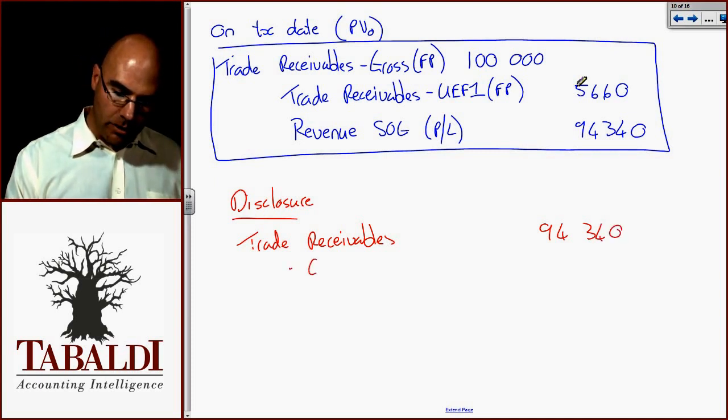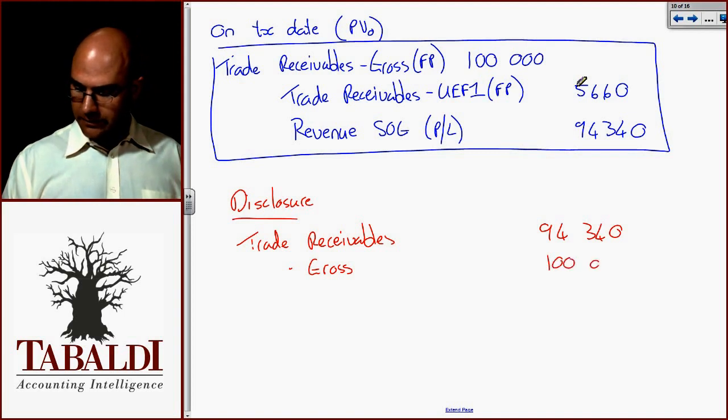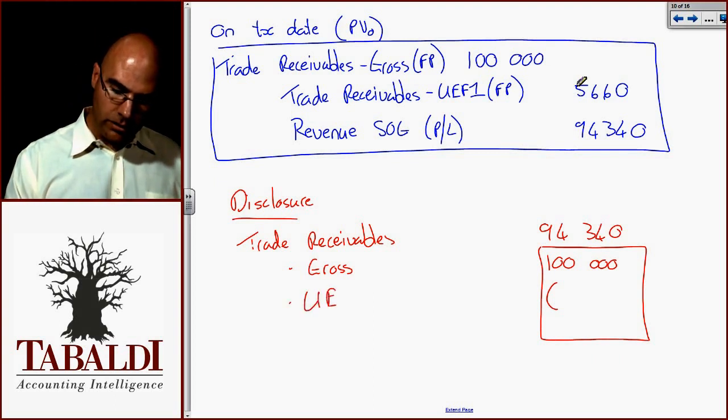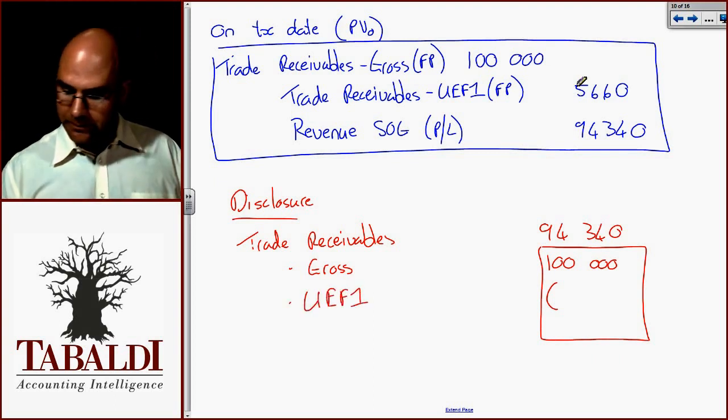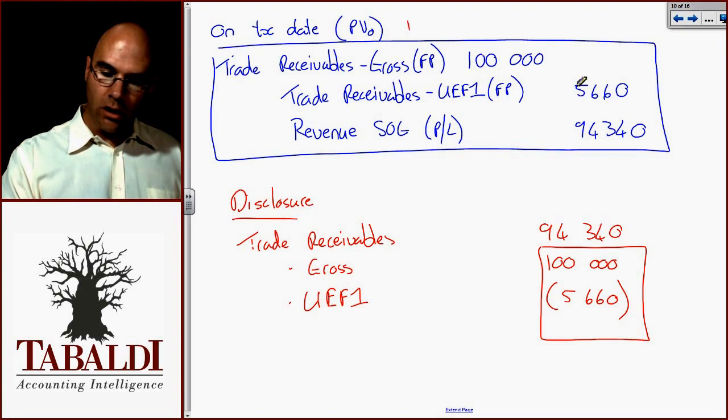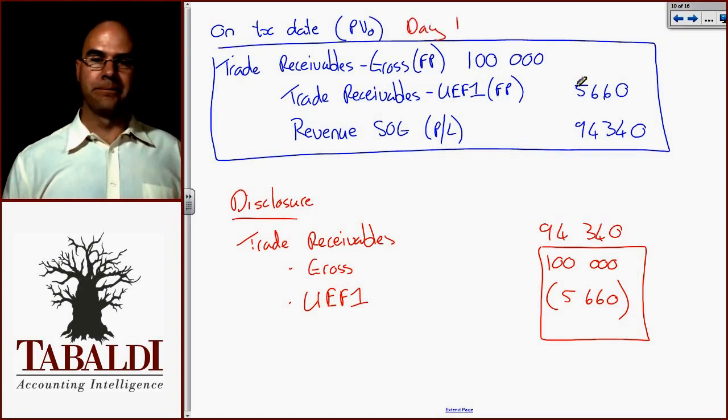But it's going to be made up of the gross amount of 100,000 less the unearned finance income of 5,660. Okay, so this is all on day one.